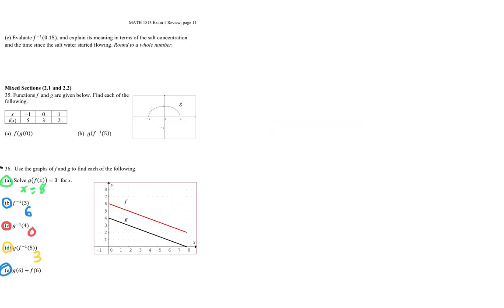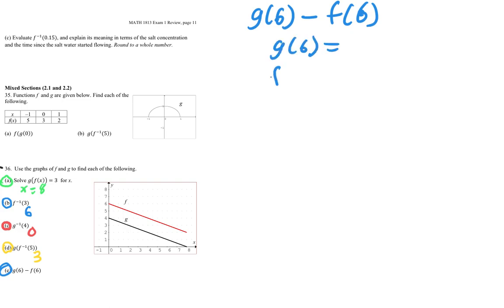So we're on our last question here of 36E. It's asking for what g of 6 minus f of 6 is. First thing we want to do is find what g of 6 is and what f of 6 is. So we're going to come over to our graph of g. When x is equal to 6, g of 6 is equal to 1. And then same thing for f of 6.